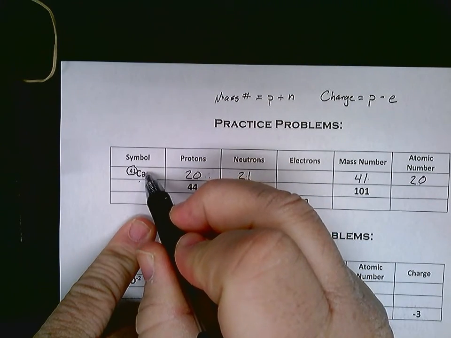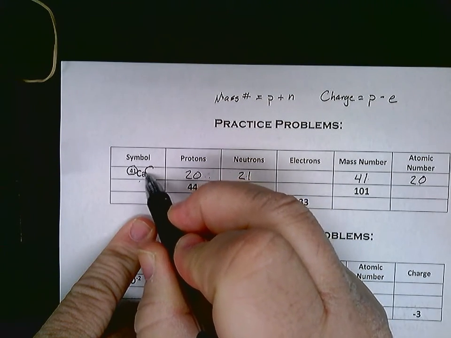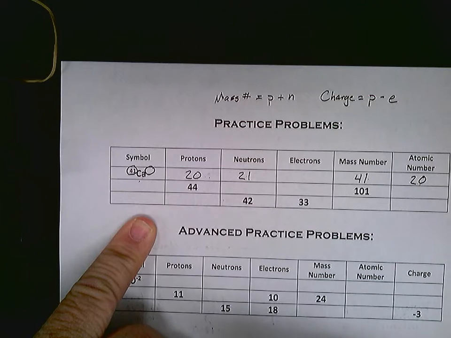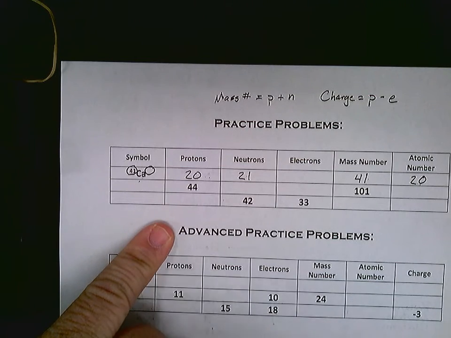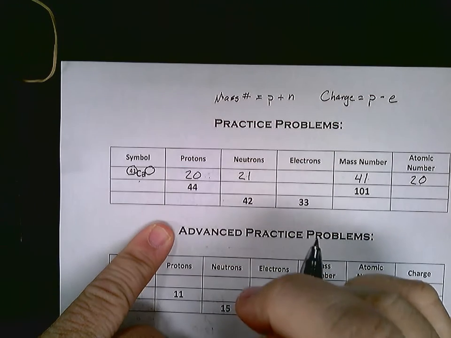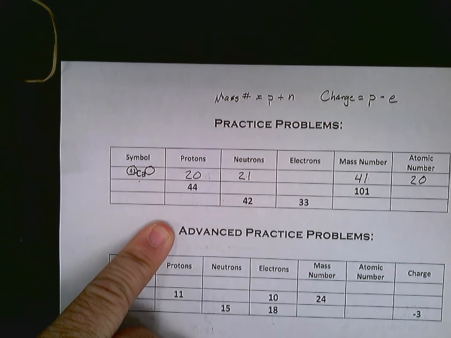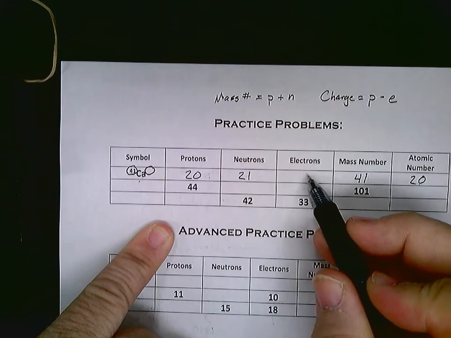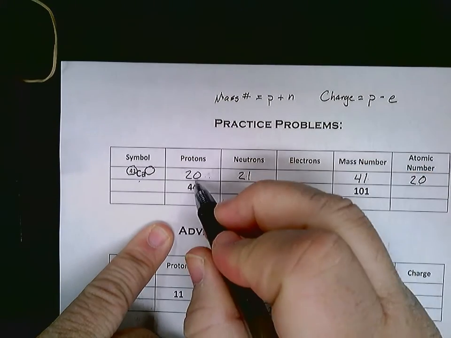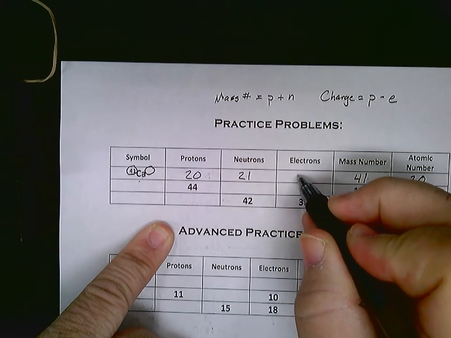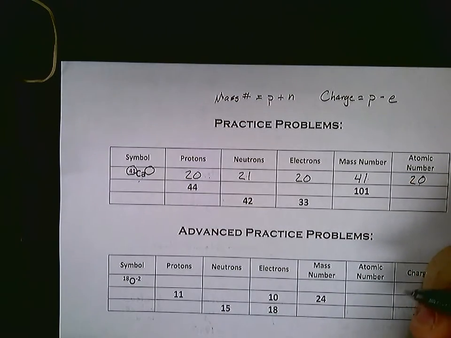Since there is no number in the upper right, that means we have a charge of 0. Whenever you have a neutral atom, protons and electrons are going to be the same. So since we have 20 protons, we've got 20 electrons.